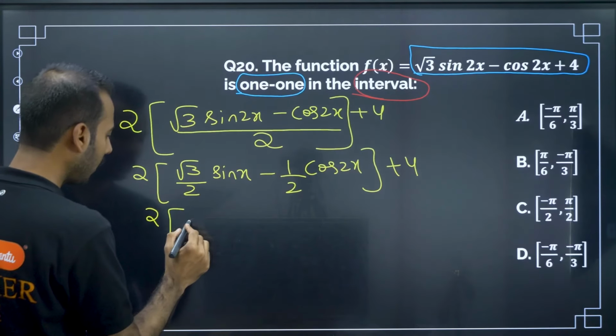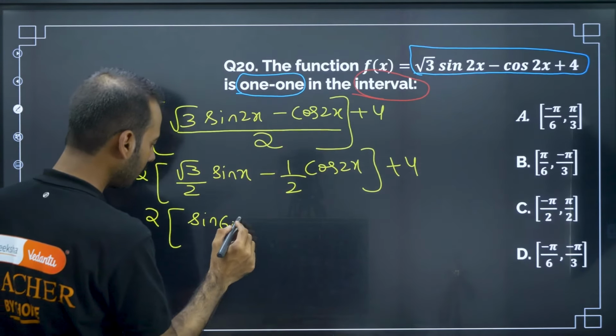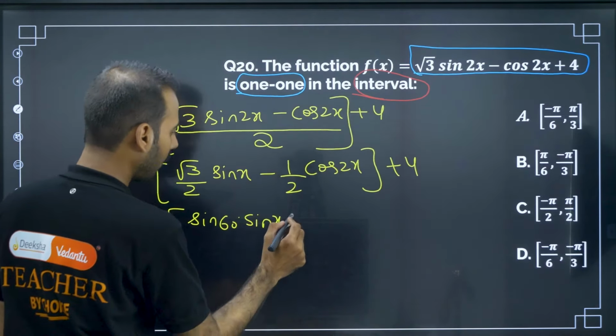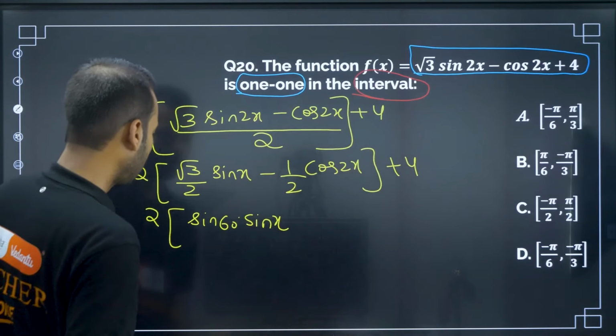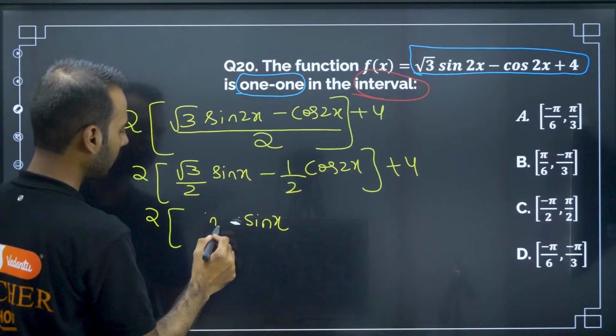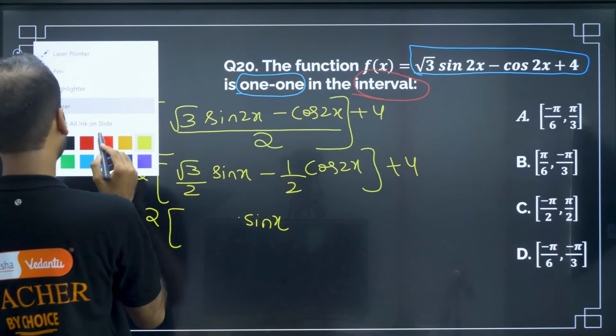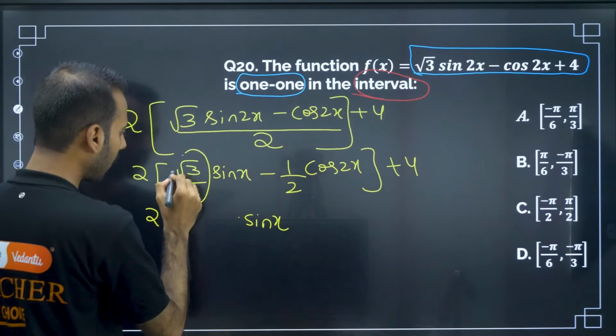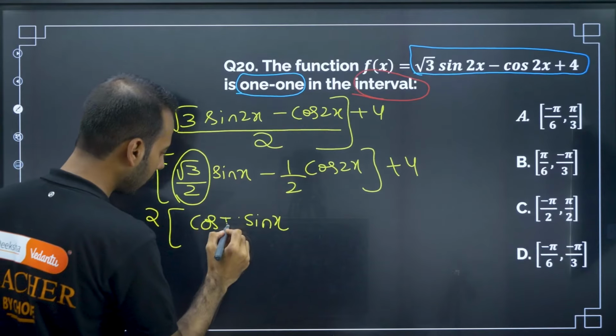Rather than writing this as sine 60, let me write root 3 by 2 as cos pi by 6, and 1 by 2 as sine pi by 6.